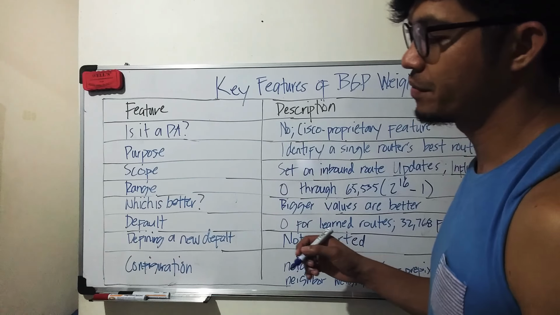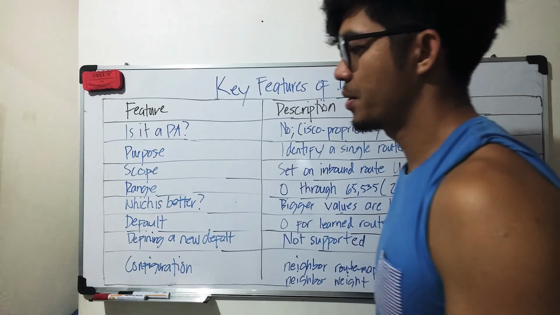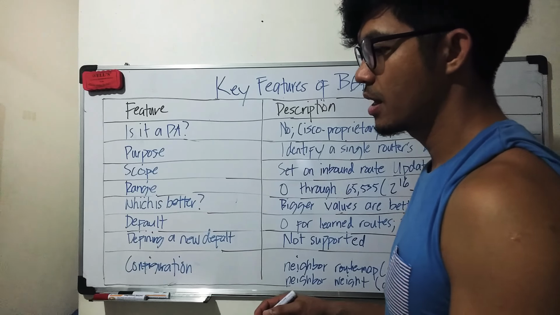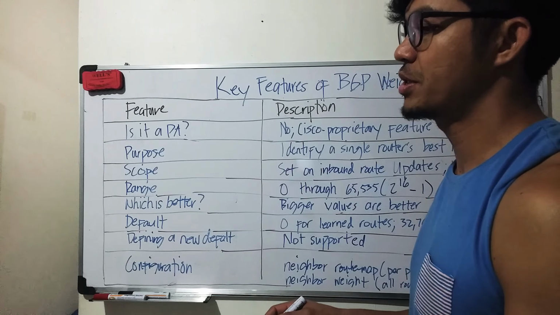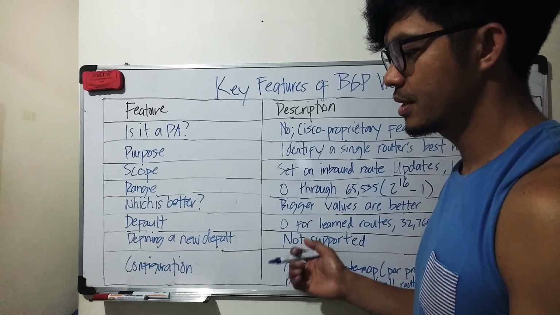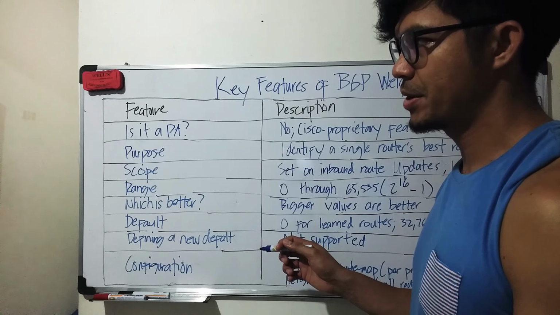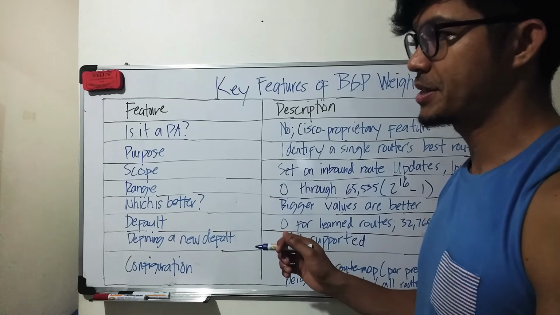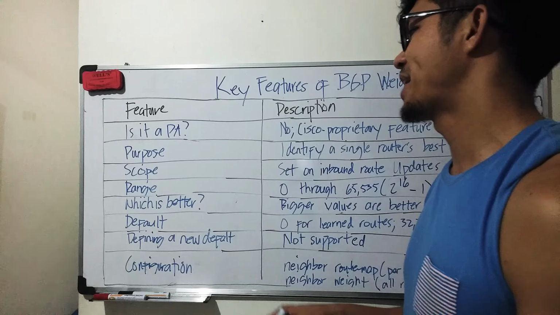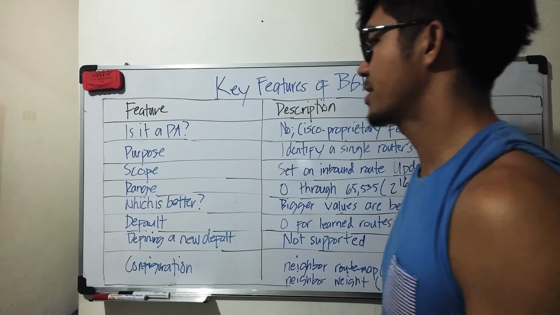And of course we have tiebreakers, which are the oldest or longest known eBGP route, that is number 9. Number 10 is lowest router ID, and number 11 is lowest IP address.